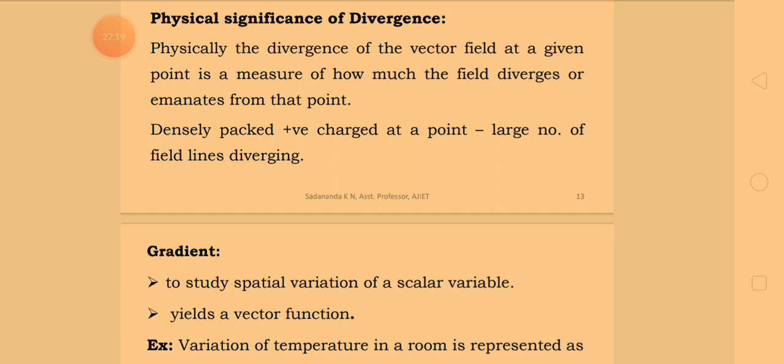Again, the physical significance of divergence is the same: how much the field lines diverge or emanate from that particular point is the measure we obtain with the divergence concept. If there are densely packed positive charges at a particular point, we can think of a large number of field lines diverging. In other words, divergence is more.